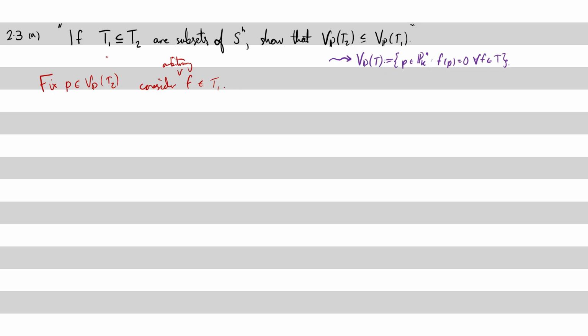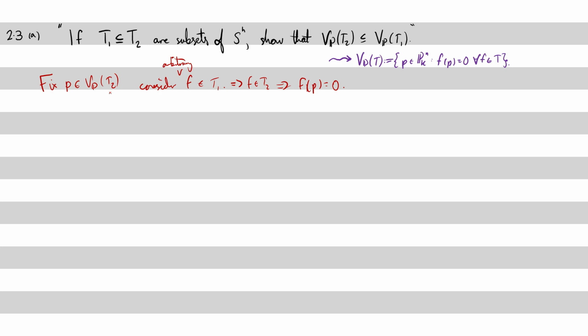As f is in T1, it must be within T2, but as p is within the vanishing set of T2, this implies that f of p equals 0.